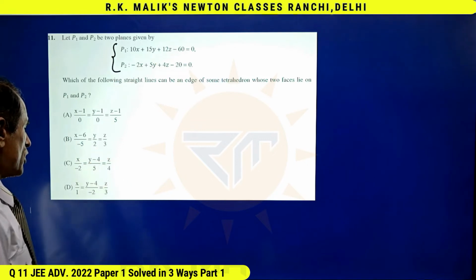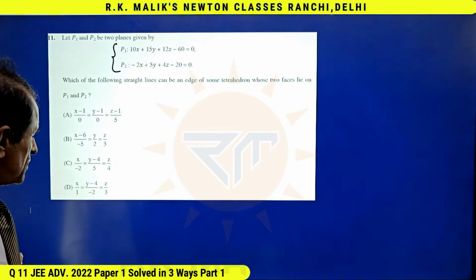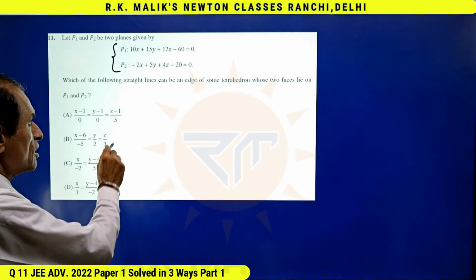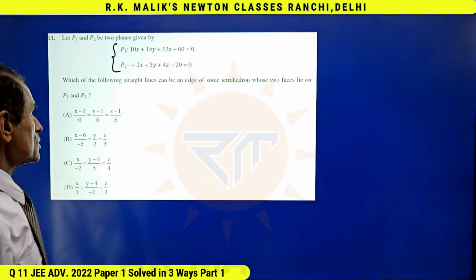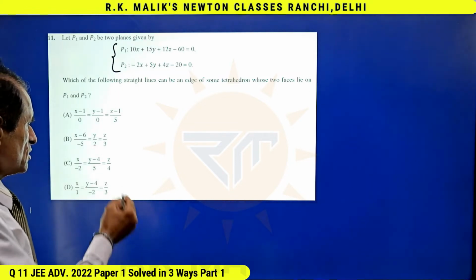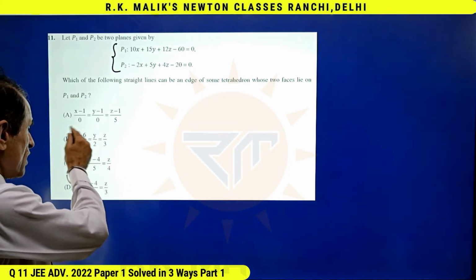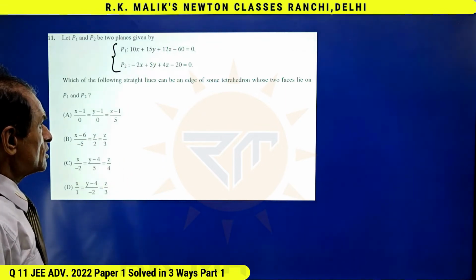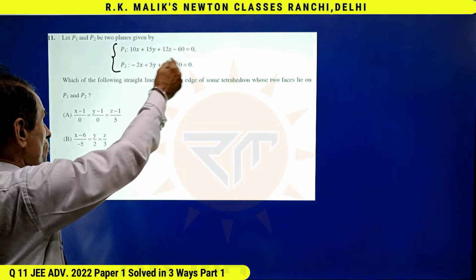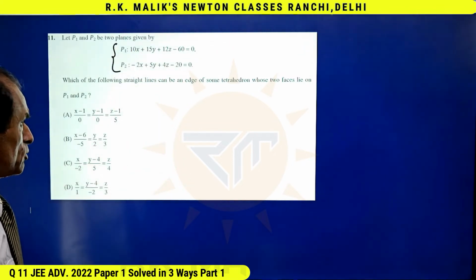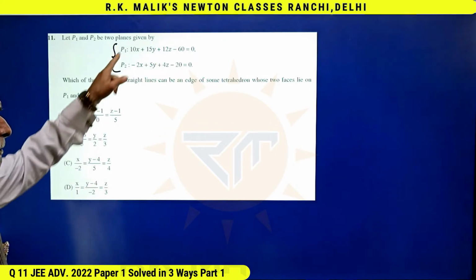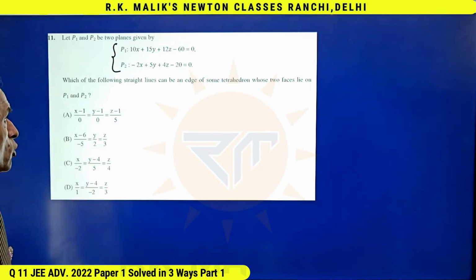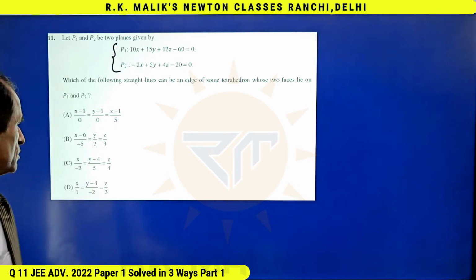And to check the choice B, again as in the previous case, first I will check whether this line is parallel to this plane or not. Clearly, direction ratios of this line are minus 5, 2, 3. Direction ratios of normal to this plane are 10, 15, 12. Hence, this line will be parallel to this plane if this line is perpendicular to the normal to this plane.